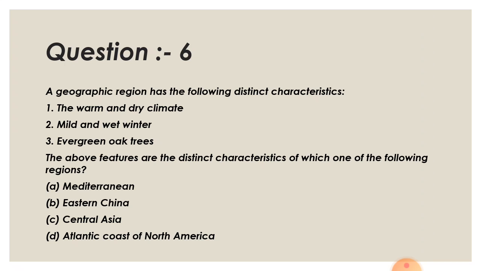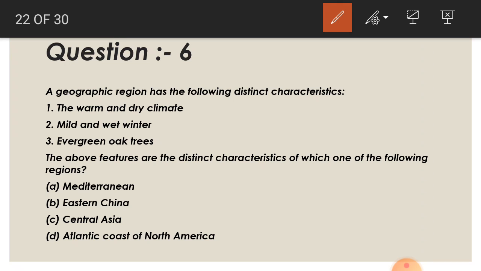Now our next question. A geographic region has the following distinct characteristics. The features are given, and we have to identify which of the four options given is the region having all these features.